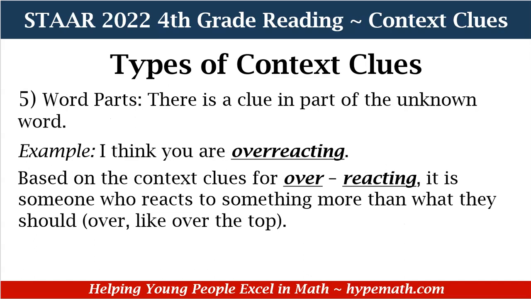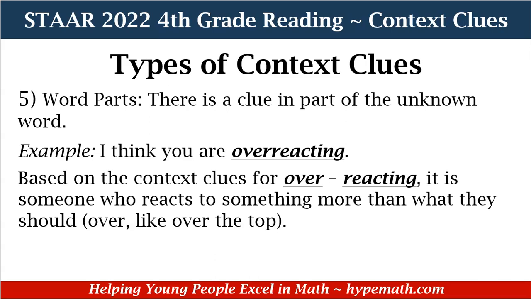All right. Next, we have word parts. There is a clue in part of the unknown word, okay? In our example, we have: I think you are overreacting. Based on the context clues, we can separate overreacting.